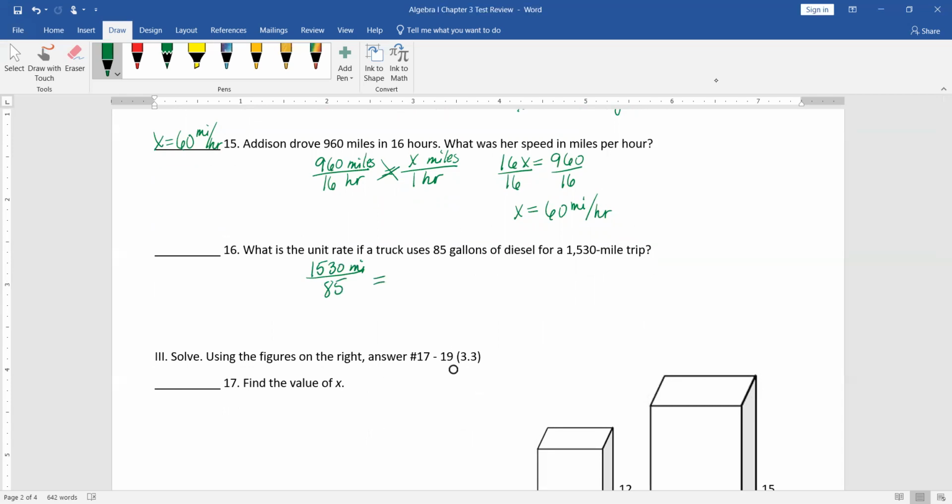And I need to know how many miles he went on 1 gallon of diesel. Then cross multiply and you end up with 85x equals 1,530. Then you just divide both sides by 85 and you discover that he is getting 18 miles per gallon.